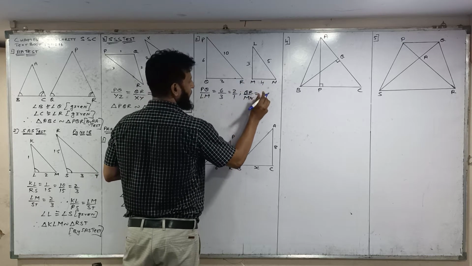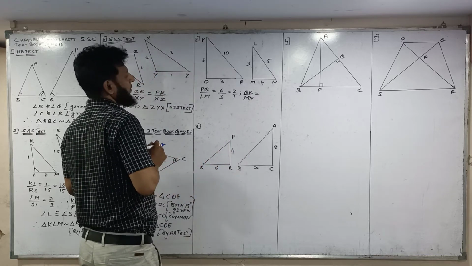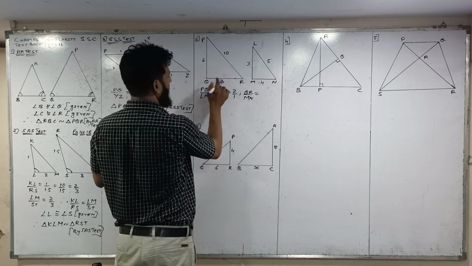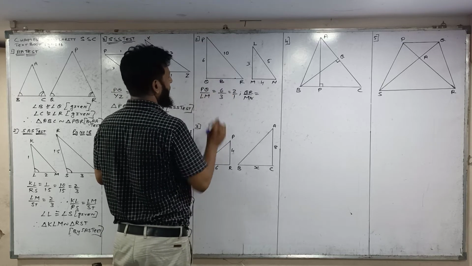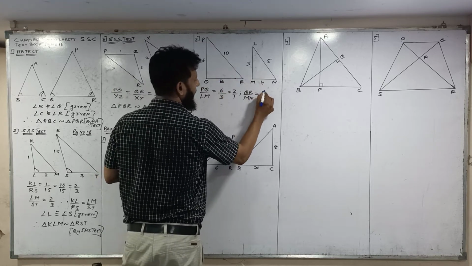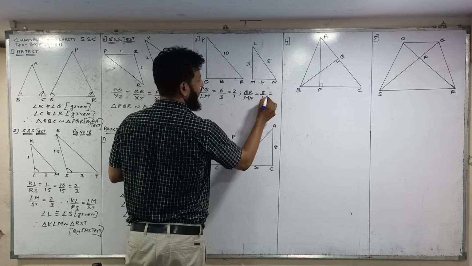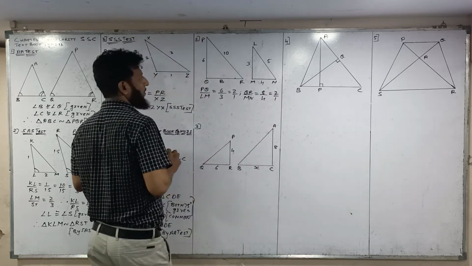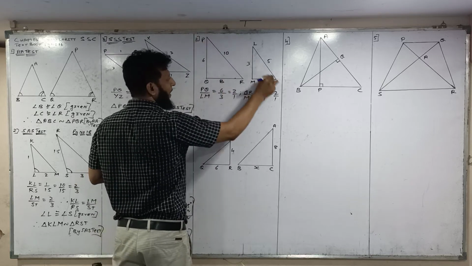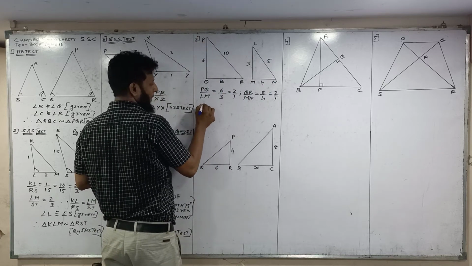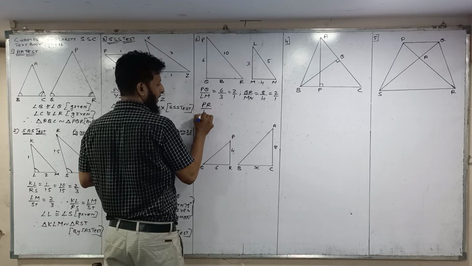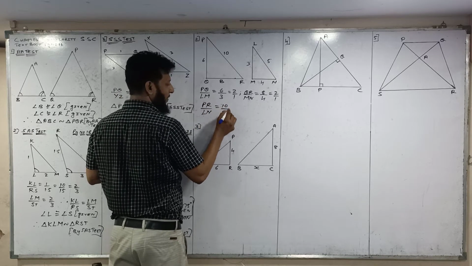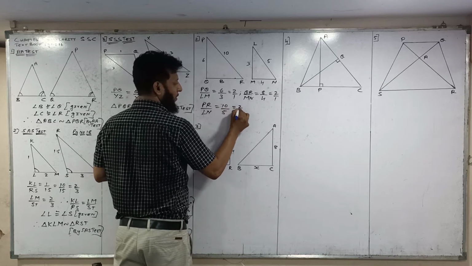QR is 8, MN is 4, 4 ones are 4, 4 twos are 8, so 2 upon 1. Then take the third side, PR and LN. PR is 10, LN is 5, 5 ones are 5, 5 twos are 10, so 2 upon 1.